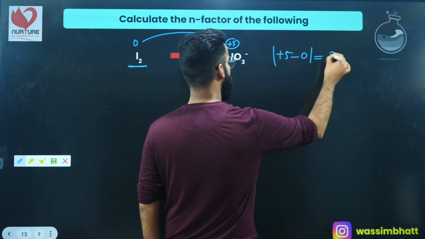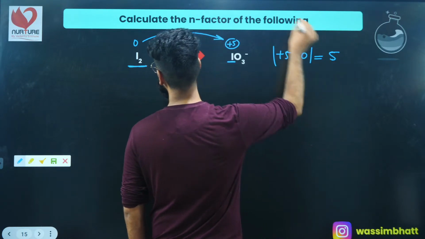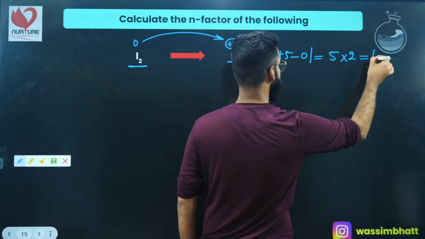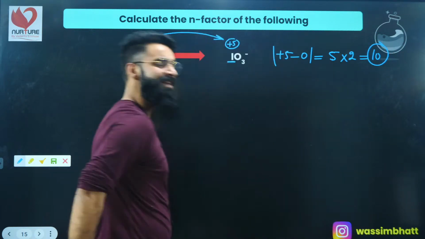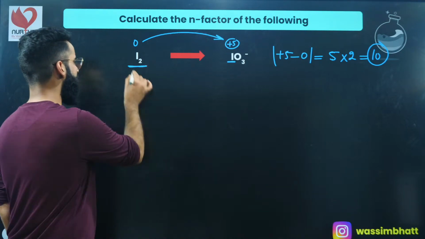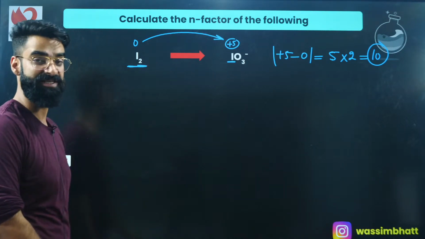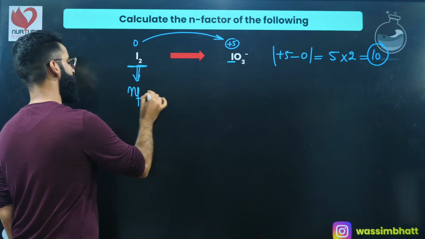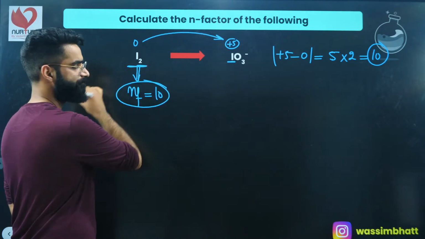The value comes out to be 5. 5 is the change in the oxidation state for one atom of iodine, but I have 2 atoms of iodine. So 5 multiplied by 2 comes out to be 10. So the N factor of I2 in this reaction is 10, right?